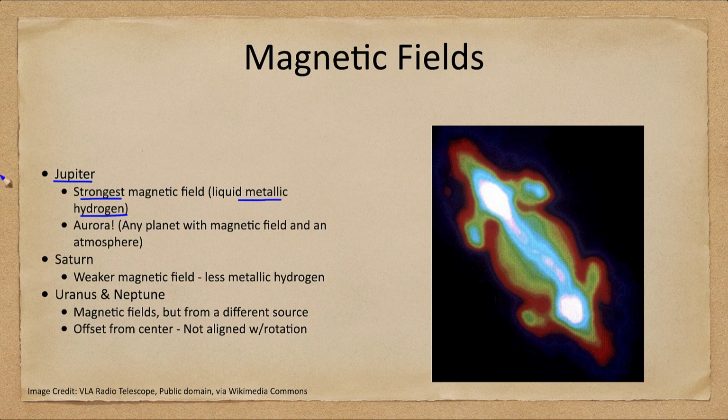Now remember, when do we get a magnetic field? We had it on Earth because we had a molten outer core that had trapped electrical currents and generated a magnetic field by its rotation.